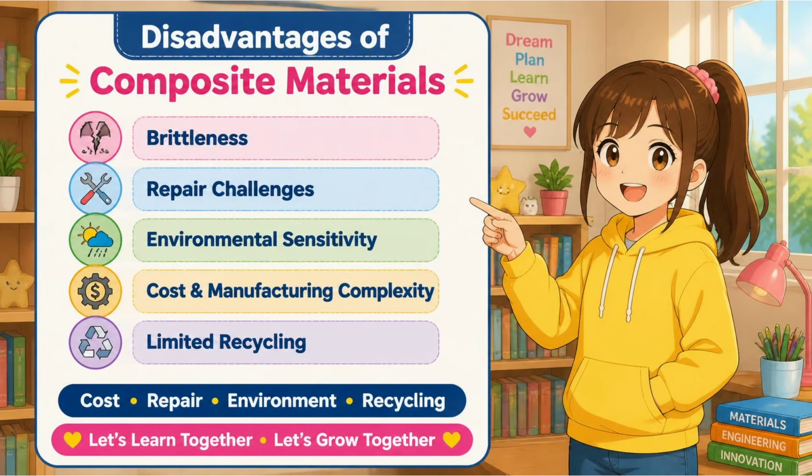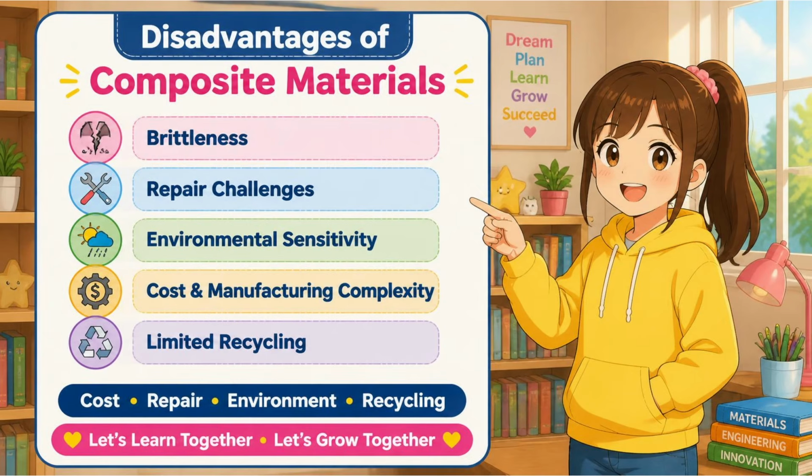Due to this, the manufacturing cost will be very high. Processes such as autoclave curing, resin transfer molding, and filament winding can also increase the manufacturing complexity, and this also leads to high manufacturing cost and complexity.